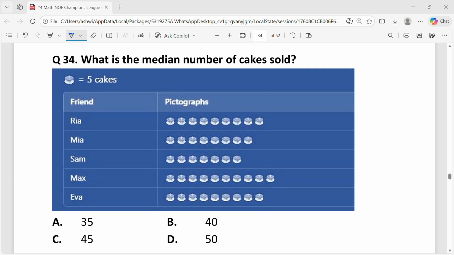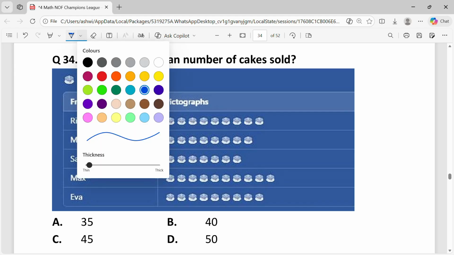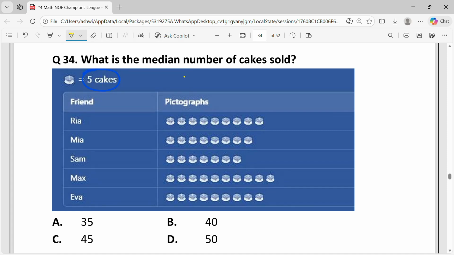Question 34. What is the median number of cakes sold? Each cake item represents 5 cakes. The number of cakes sold by each person is calculated as 1, 2, 3, 4, 5, 6, 7, 8, 9. 9 icons into 5, that is equal to 45.